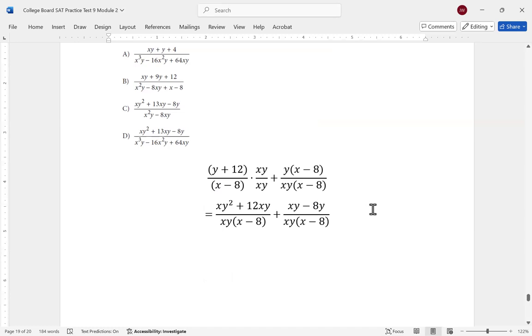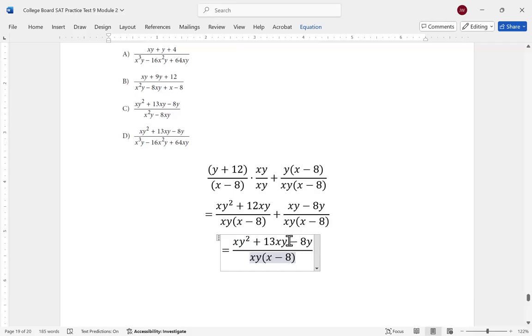Since I have the same denominators, I can add the numerators. When I add the numerators, 12xy and another xy combine to give me 13xy, but that's the only thing I can actually combine. So I get xy squared plus 13xy minus 8y on top. And then on bottom, I'd get xy times x minus 8.